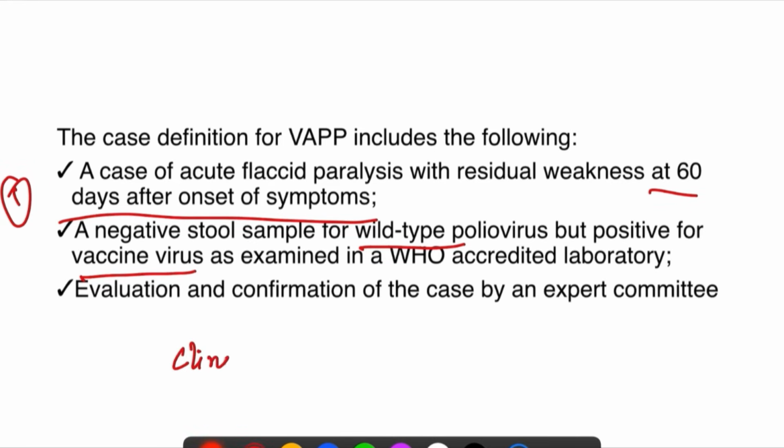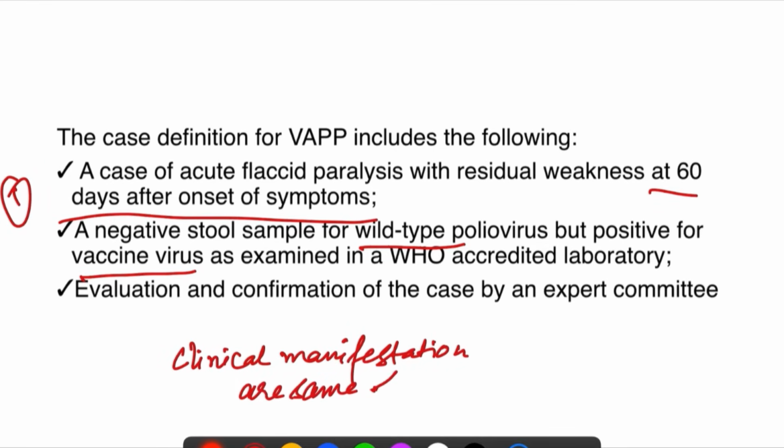The clinical manifestations are the same when the person is affected by either the wild poliovirus or vaccine-associated paralytic polio. We can only differentiate with the help of laboratory findings.